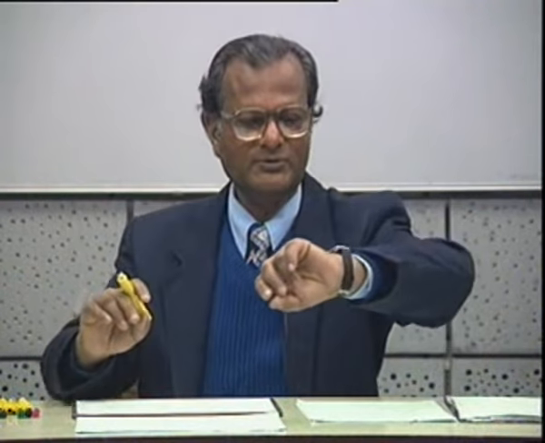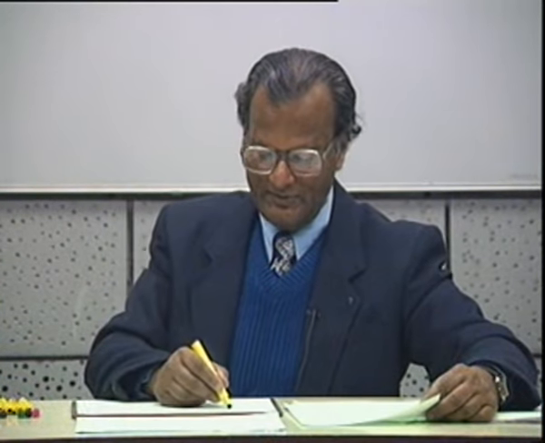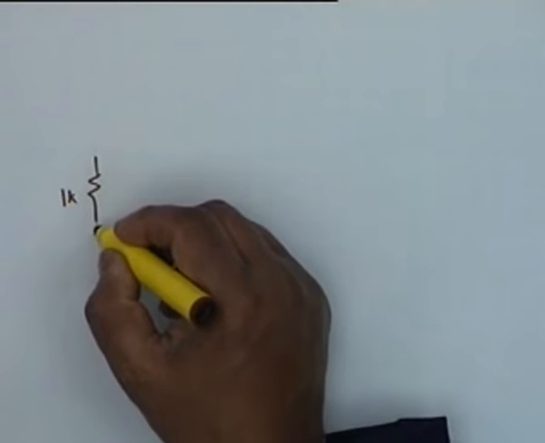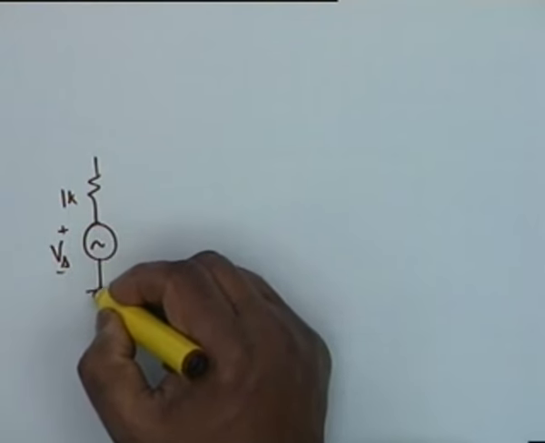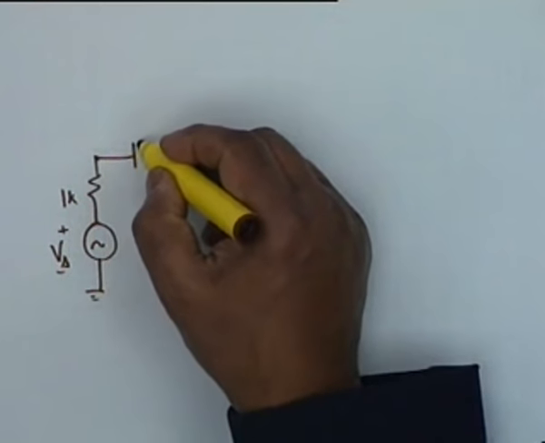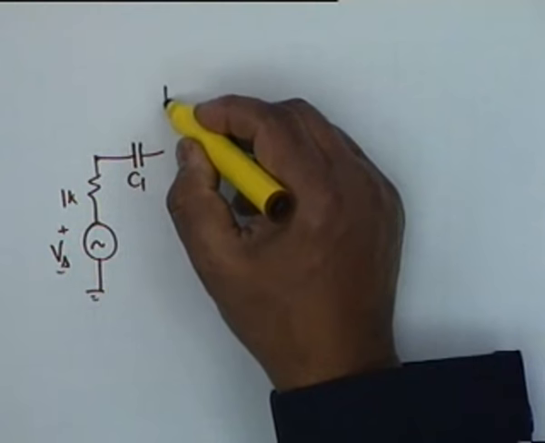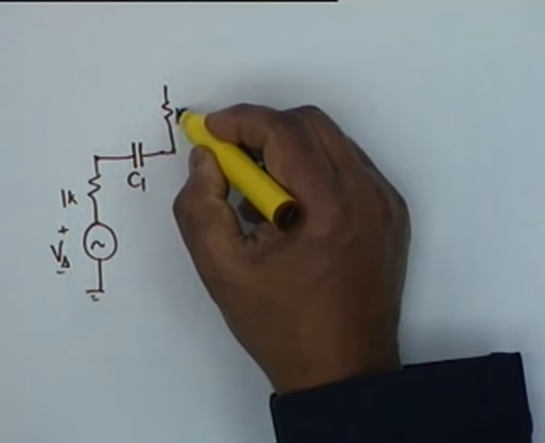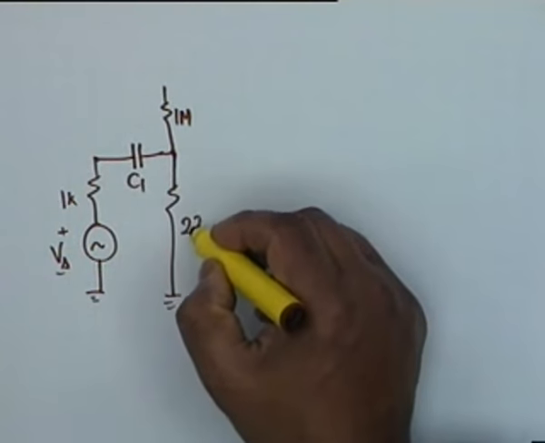Let's take an example to illustrate this point. Please try to draw with me, because it's a quite involved circuit and it's a practical circuit. Okay, we have a source which is 1K, Vs. The coupling capacitor tends to infinity. The first stage is biased by 1 meg resistor in parallel with 220K.